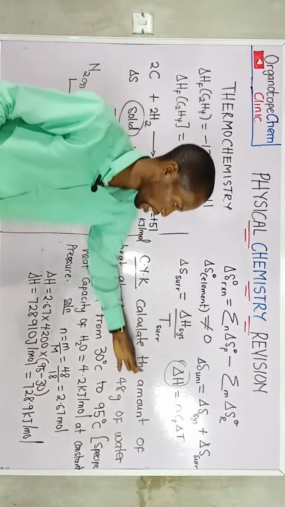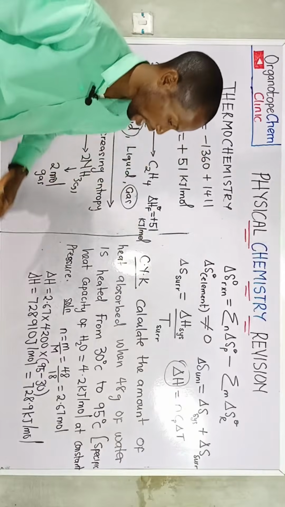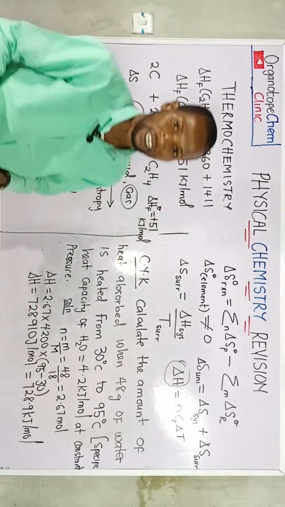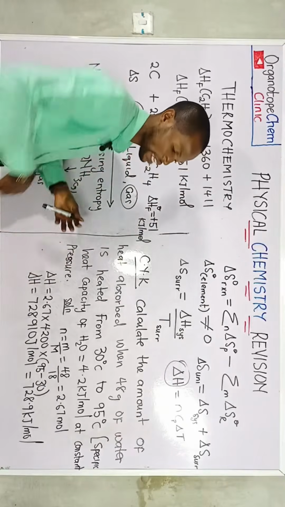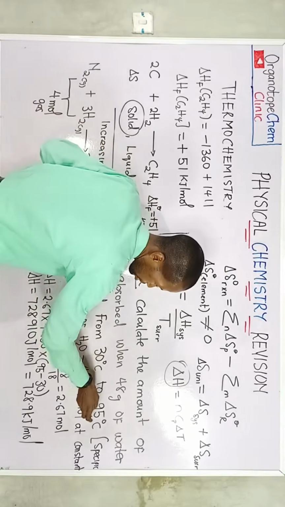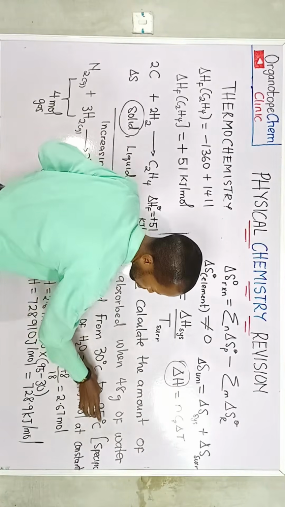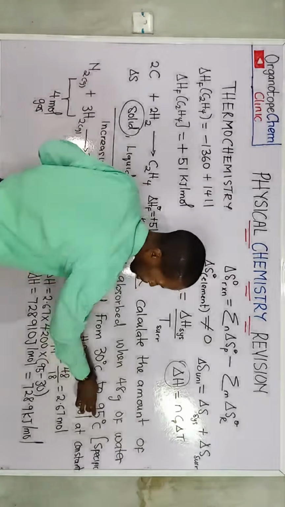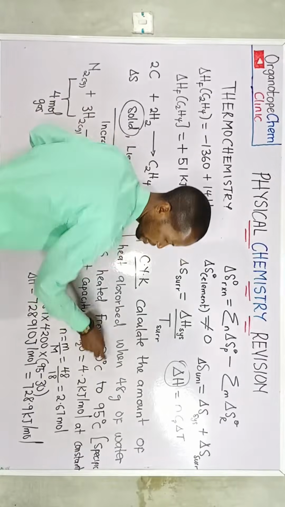Okay, or also known as the amount of heat absorbed. Why is it that we are having a positive value right here? Assuming it has been stated in the question that heat evolved, that implies that the initial temperature will be 95 and the final temperature will be 30.